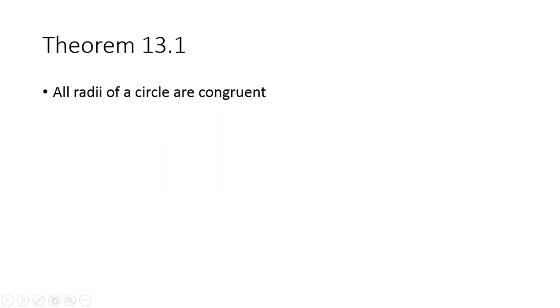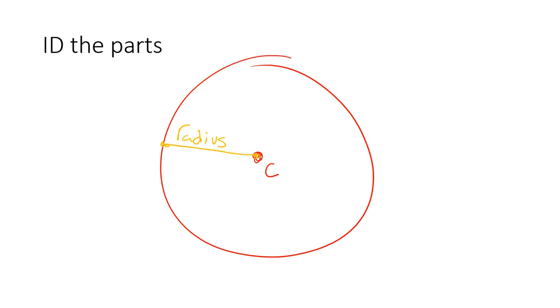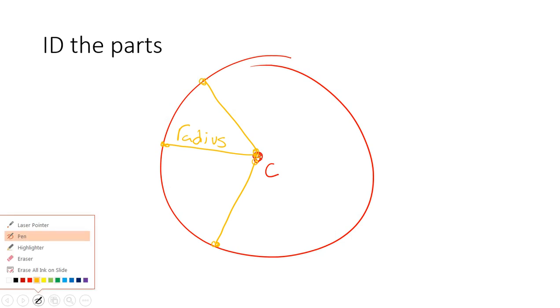Same thing with this one, and same thing with this one. Those are all radii. So all those orange ones would be considered radii. They're going from the center of the circle to some point on the circle.